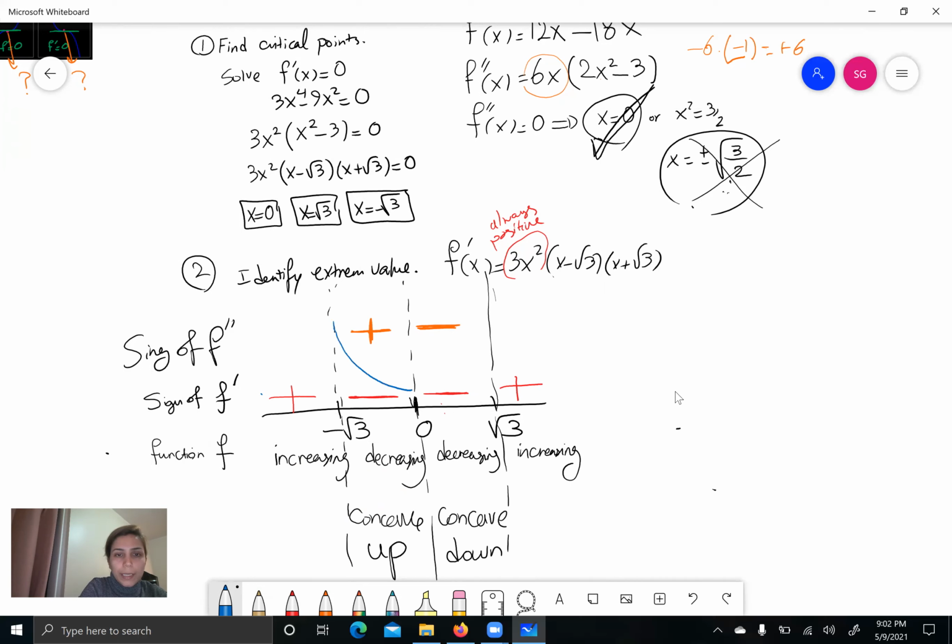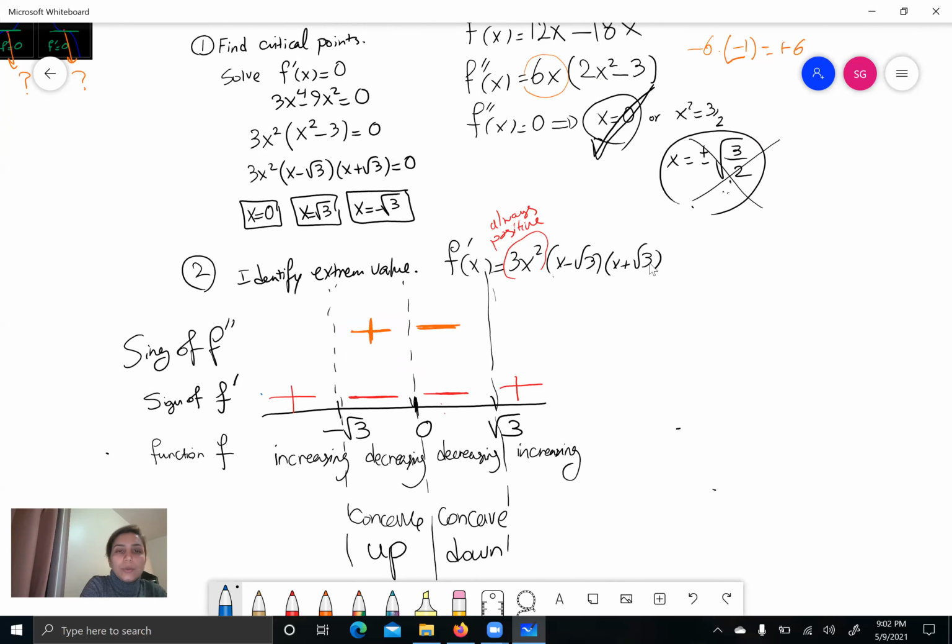So this is gonna be the function. Let me think. The derivative is 0. I think I need more about concavity. So I need to try something like a square root of 3.